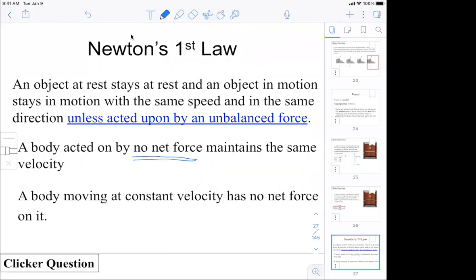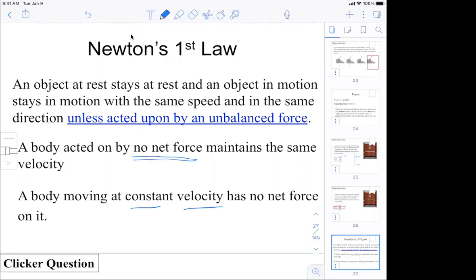So if net force is 0, acceleration is 0, which means velocity would be constant. If it was at rest with 0 velocity, it's going to maintain that 0 velocity. If it's moving with some constant velocity, then it's going to continue moving with that constant velocity.